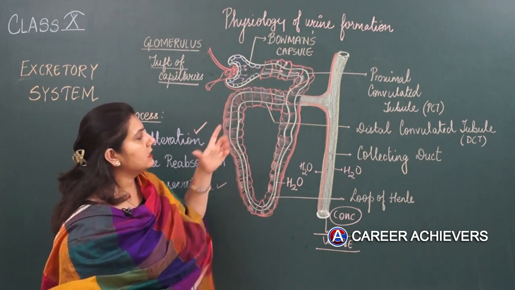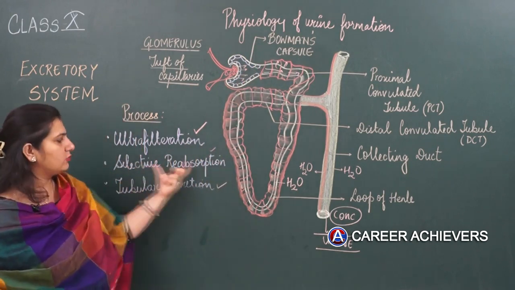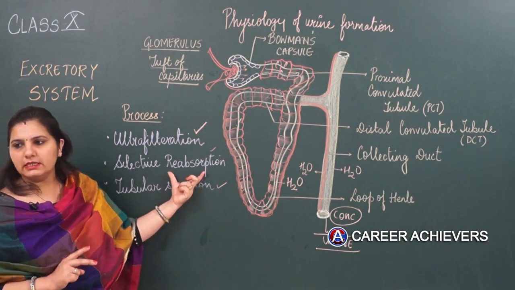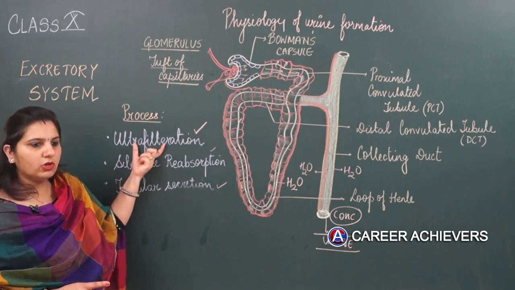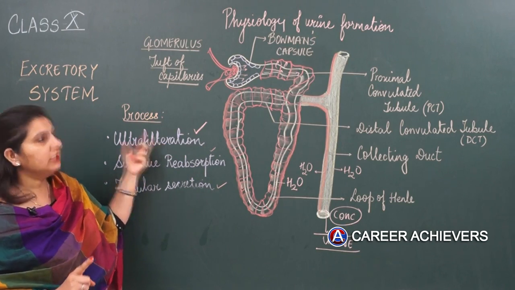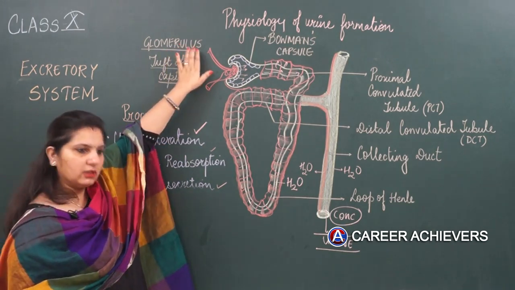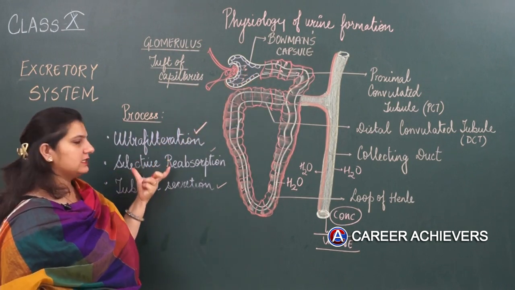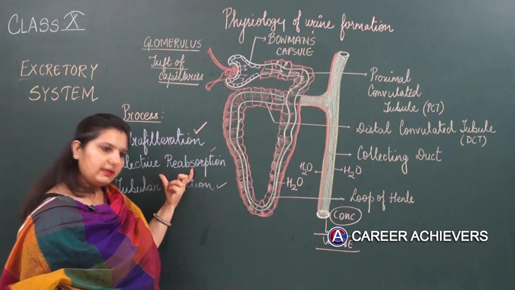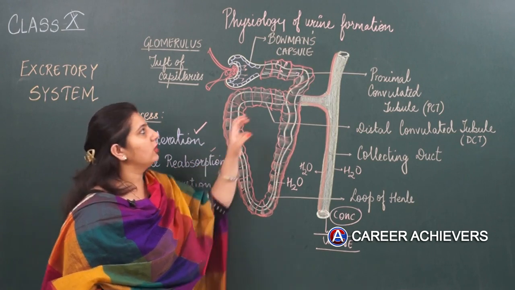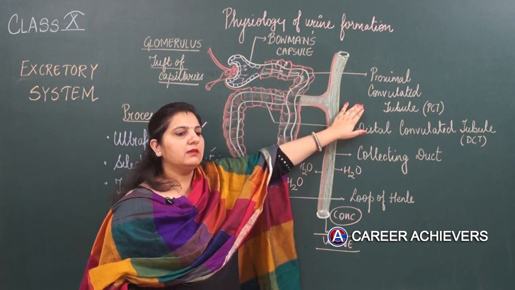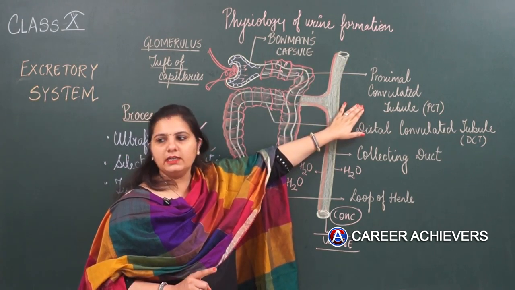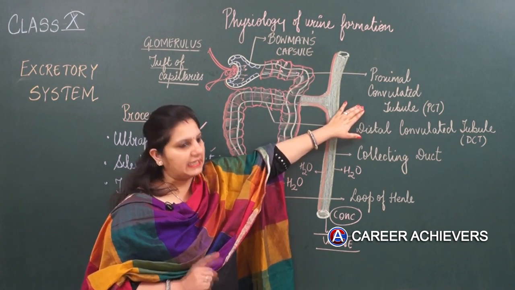This selective reabsorption is the second process in urine formation. The first one was ultrafiltration taking place between glomerulus and Bowman's capsule. The second process is selective reabsorption, taking place in the proximal convoluted tubule or PCT.